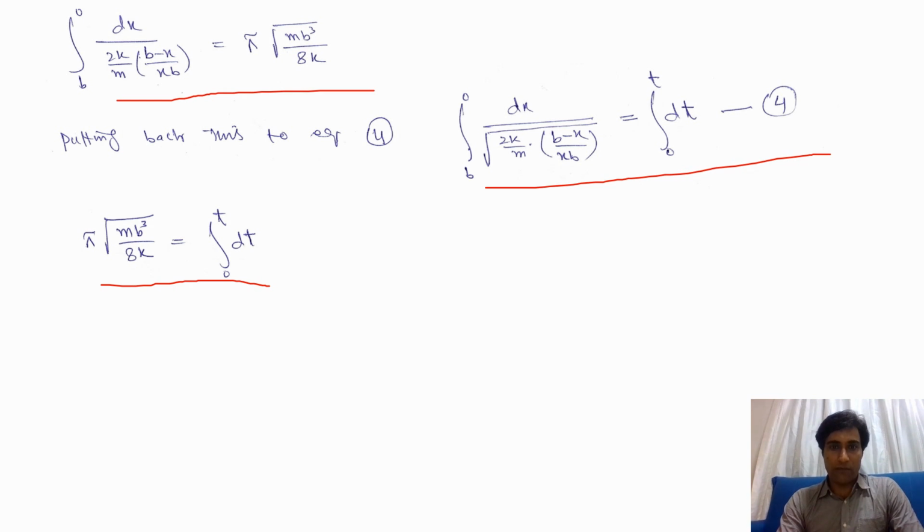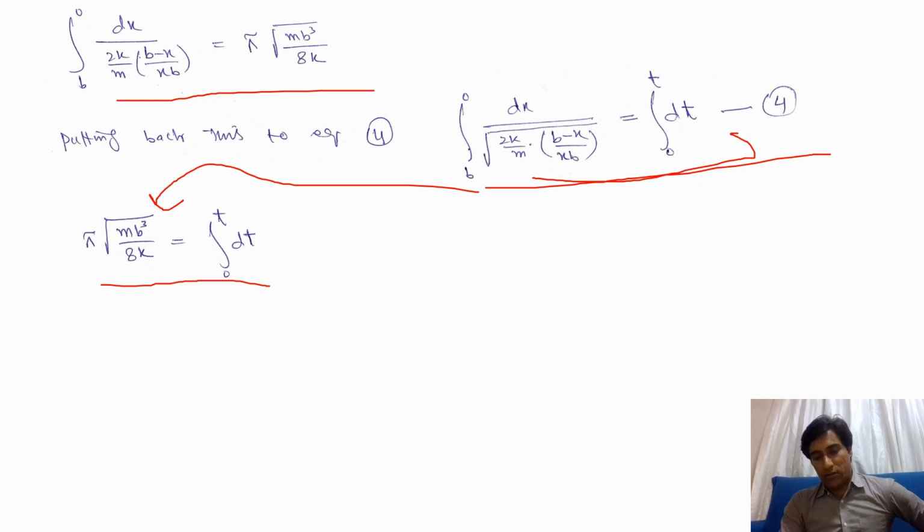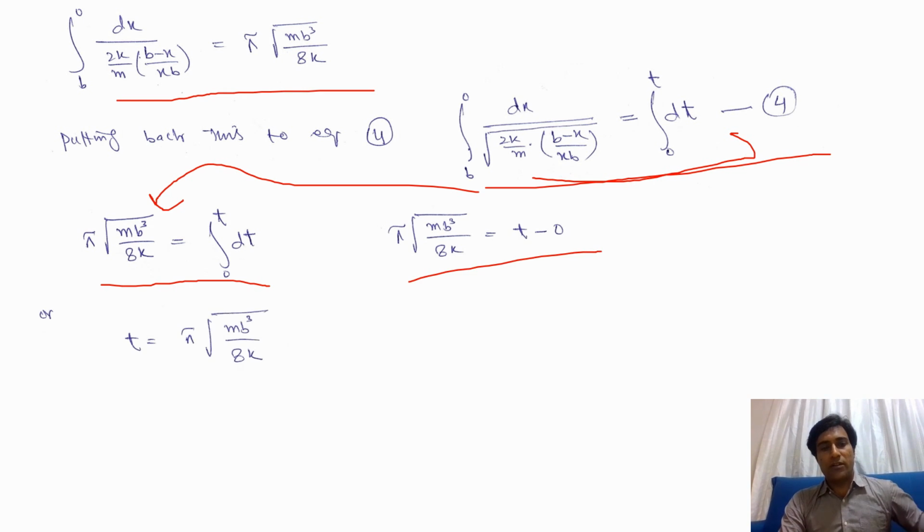In equation 4, this term is equal to integral of dt. So here we simply wrote the value of this term: pi square root of mb cubed over 8k is equal to integral from 0 to t of dt. So this term is equal to t minus 0, here you see. So finally we get the time t, which is equal to pi square root of mb cubed over 8k.